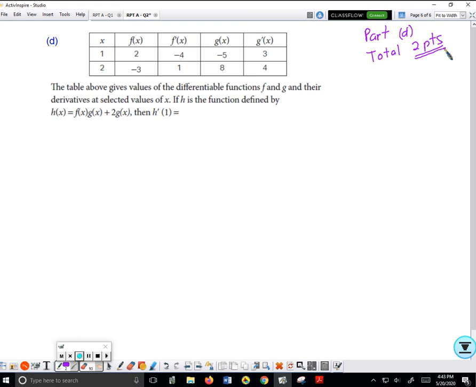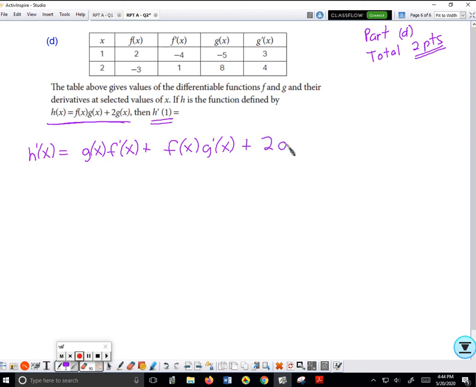They want us to find h prime of 1. So take the derivative. So h prime of x, it's the product rule. So it's second function multiplied by derivative of the first plus first function multiplied by derivative of the second plus 2 is a multiplying constant.